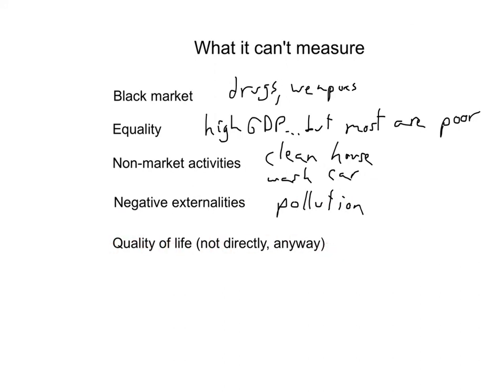We all know it's possible to have lots of physical possessions, lots of access to goods or services, and not be too terribly happy. Now, we do think that the more stuff you have access to, the happier in general you probably are. But still, GDP isn't a direct measure of quality of life. There are a lot of things that go into quality of life that have nothing to do with GDP. The quality of your relationships or your being part of a community or something like that.